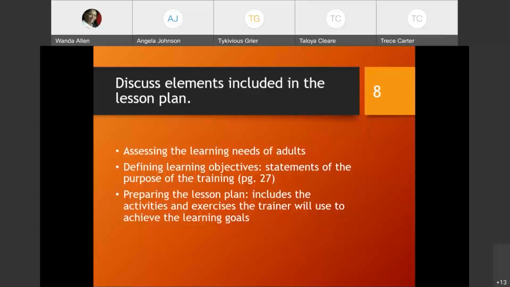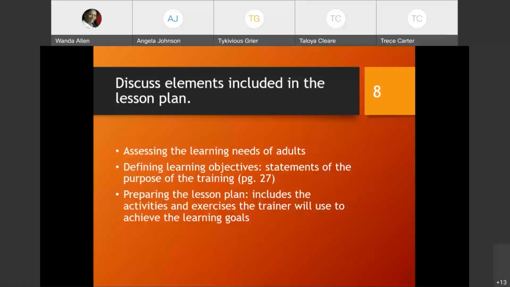That's one way you can reach out to school officials to see what the needs of the student population are. What are the needs of the community? Reaching out to different community organizations, or your own community organization, may very well tell you what the needs are. So you do want to assess the learning needs of the adult.